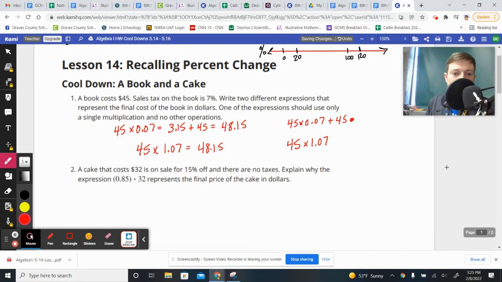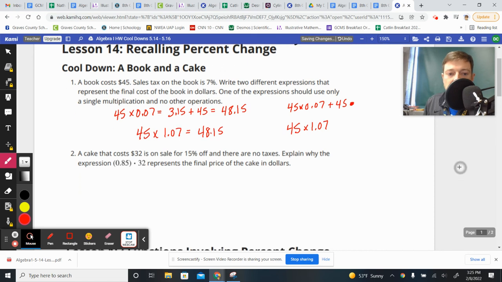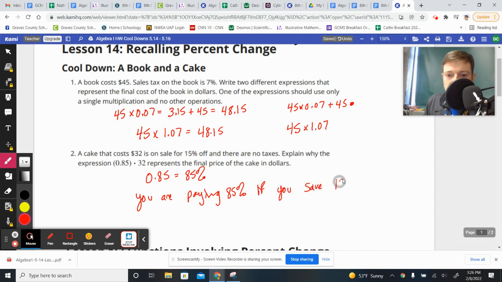A cake costs $32 and is on sale for 15% off. There are no taxes, so we don't have to worry about an increase. This is 15% off, so we're dropping money. Explain why the expression 0.85 times 32 represents the final price of the cake in dollars. 0.85 equals 85%. You are paying 85% if you save 15% off from 100%.